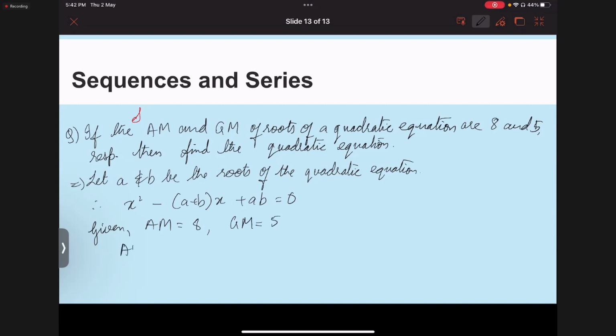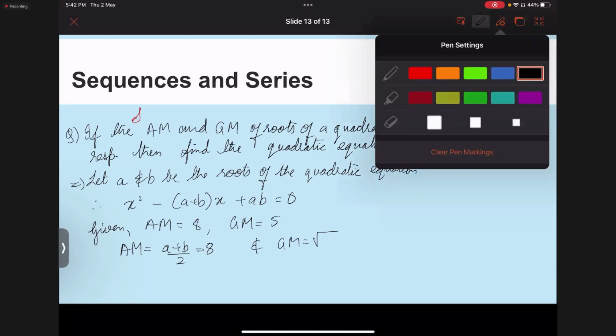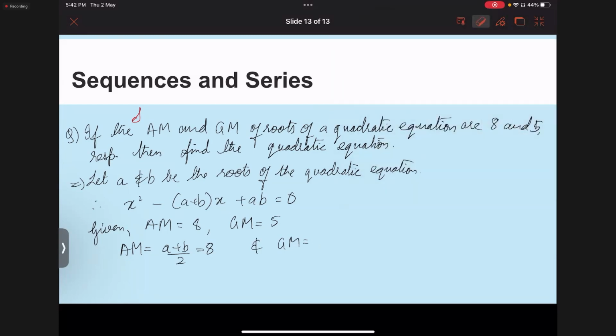So your AM is equal to (a + b)/2 is equal to 8, and your GM is equal to 5, which is equal to root of ab. So this you can write as a + b is equal to 16.